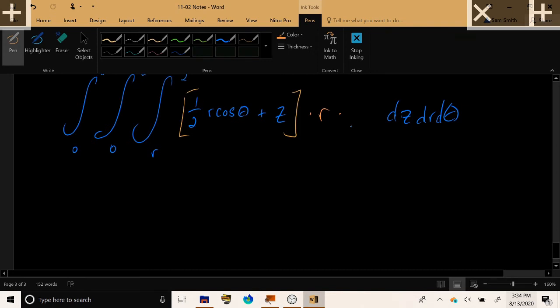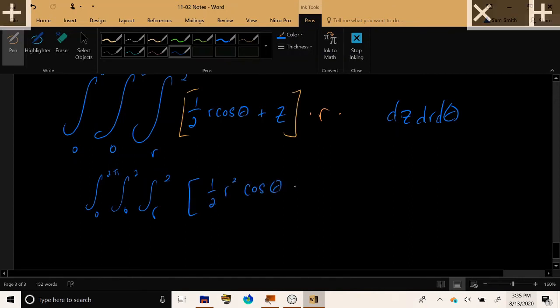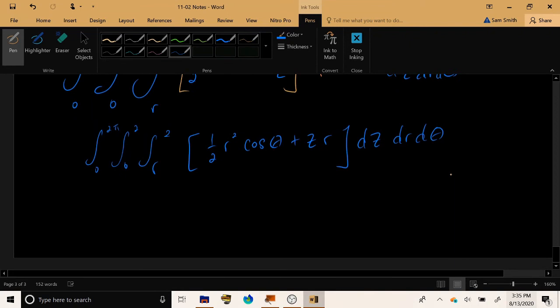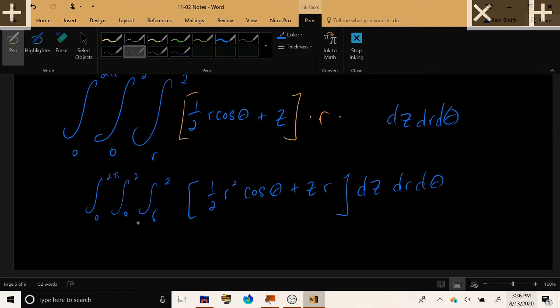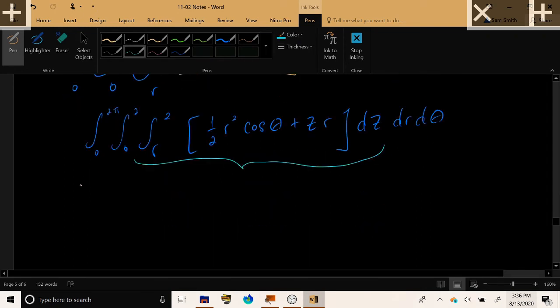So let's distribute that, and let's go through the process of actually calculating the value of this triple integral. 2 pi, and we have 1/2 r squared cos theta plus z r after distributing. Now that we have distributed, let's go ahead and integrate that. I'm going to work separately on the inner, middle, and outer integrals, focusing first on the inner layer.